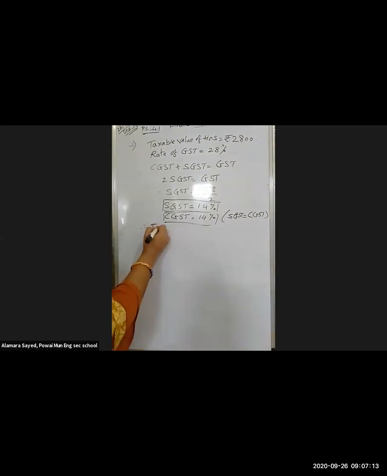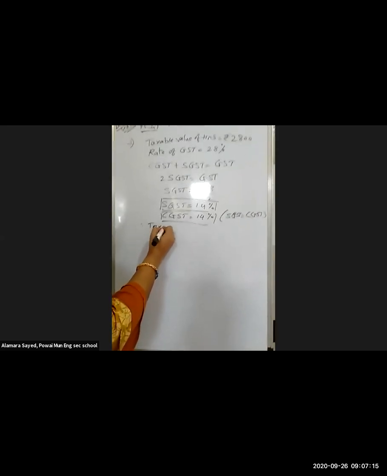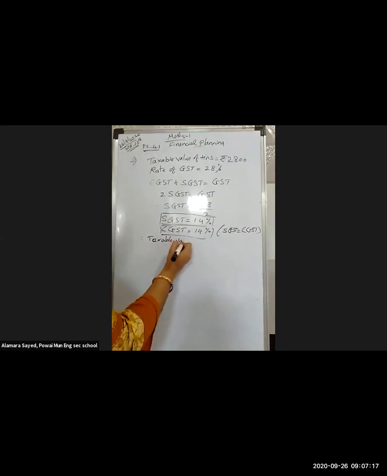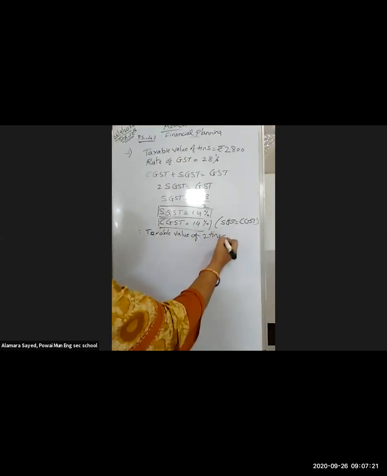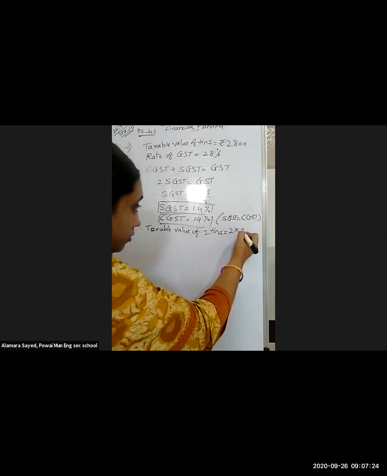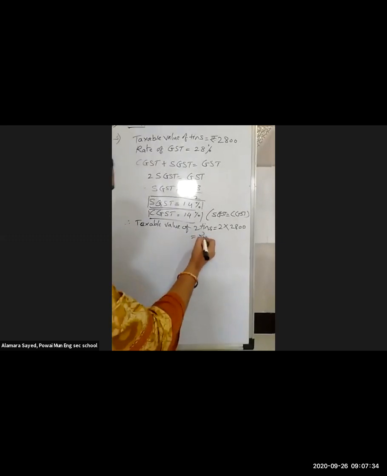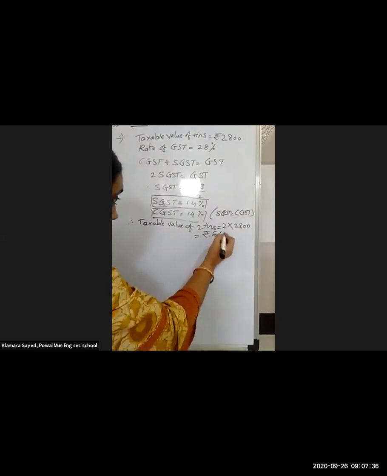So taxable value of 2 tins you have to find is equal to 2 into 2,800. Value of 1 tin was rupees 2,800. So we can say that 2 into 2,800 is equal to rupees 5,600. This is the taxable value for 2 tins, that is 5,600.